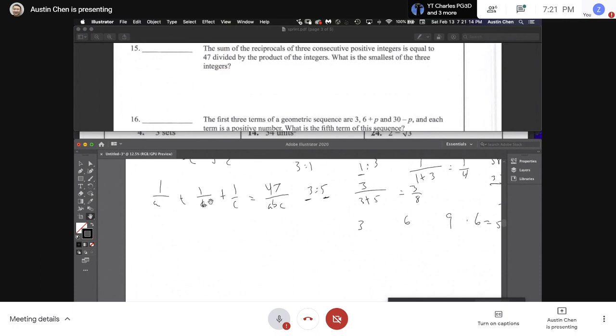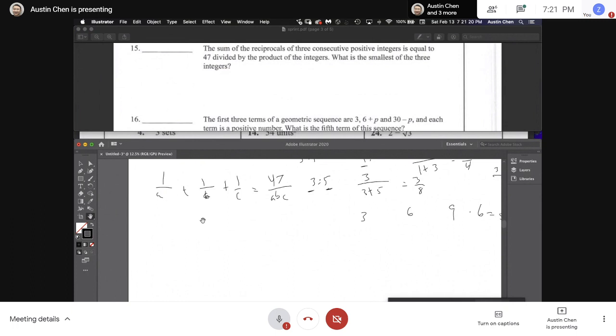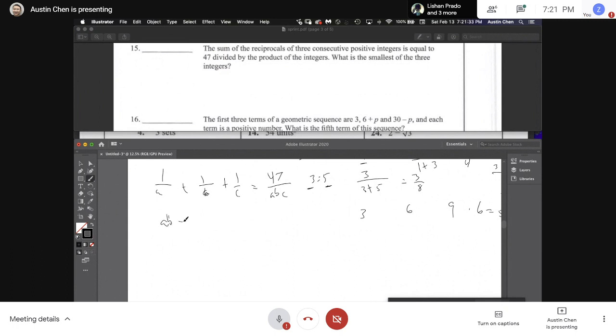One thing you can do is add this side together and make it into a big fraction. Then the denominator will be ABC, and you can cancel that with the denominator of ABC on this side. So we're going to have AB plus BC plus AC over ABC equal to 47 over ABC.